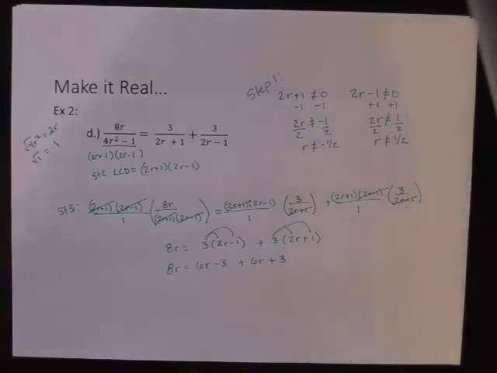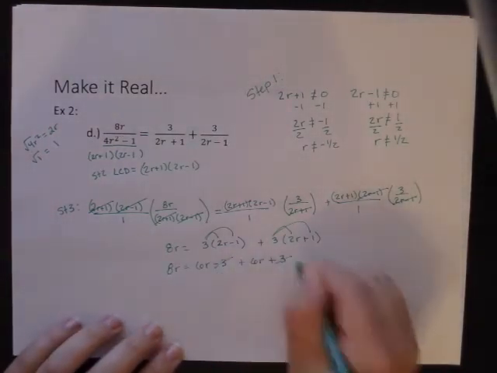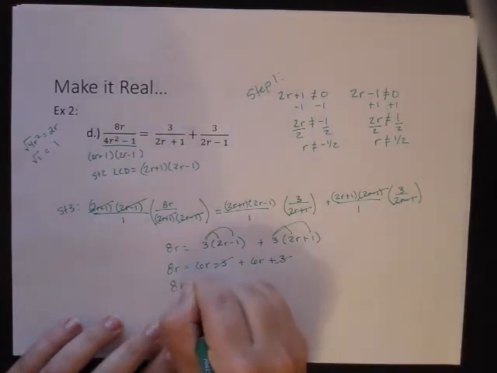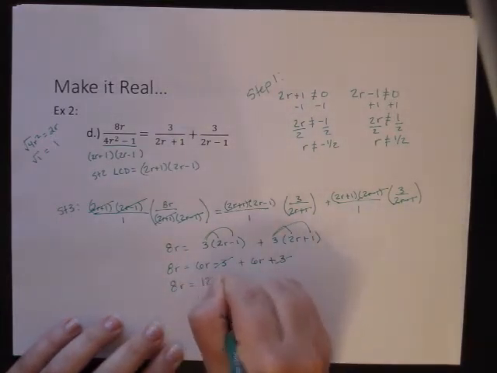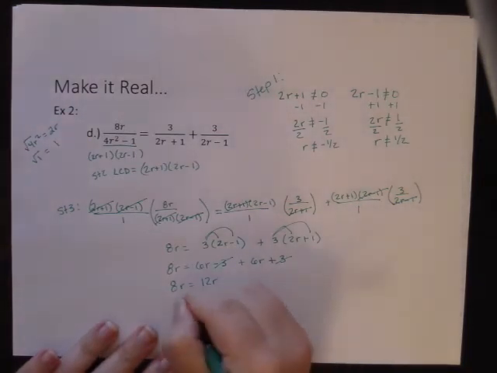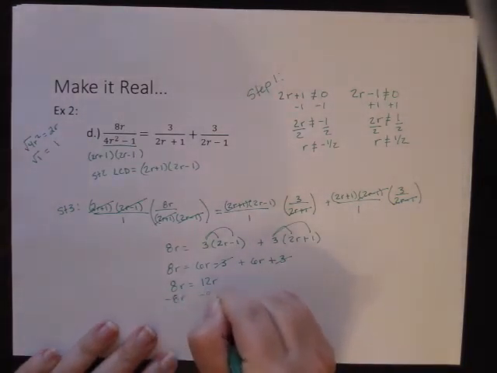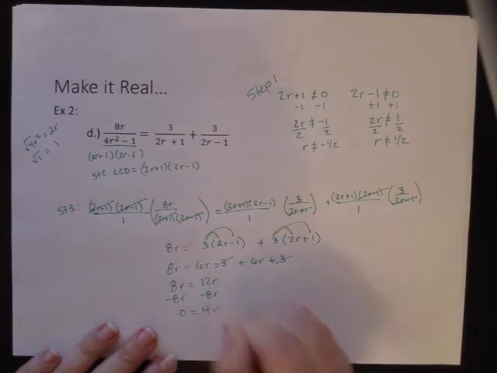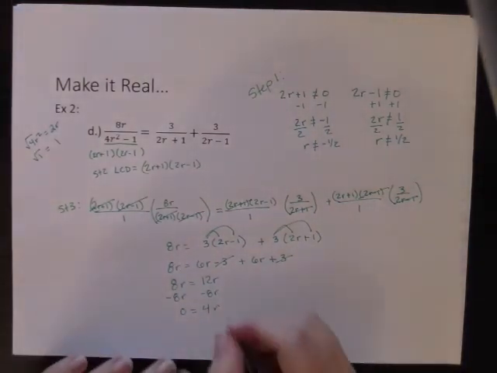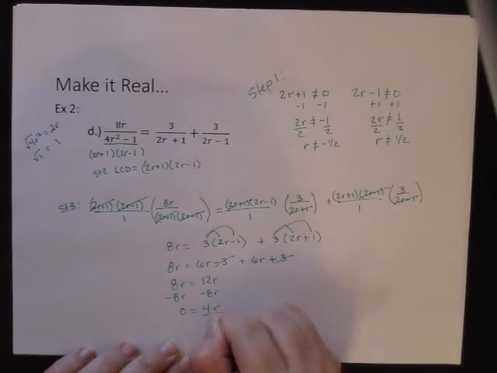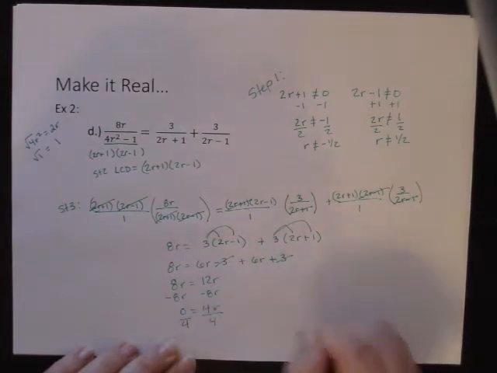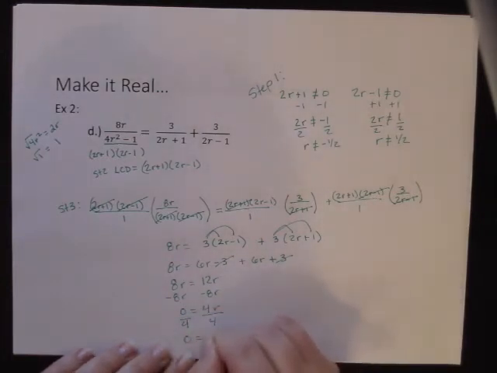When I clean this up a little bit more, I see that the 3's go away, and I'm left with 8r equals 6r plus 6r, which is 12r. Then I'm going to subtract the 8r on both sides, so I'm left with 0 equals 4r. I'm going to divide both sides by 4, and I get 0 equals r.